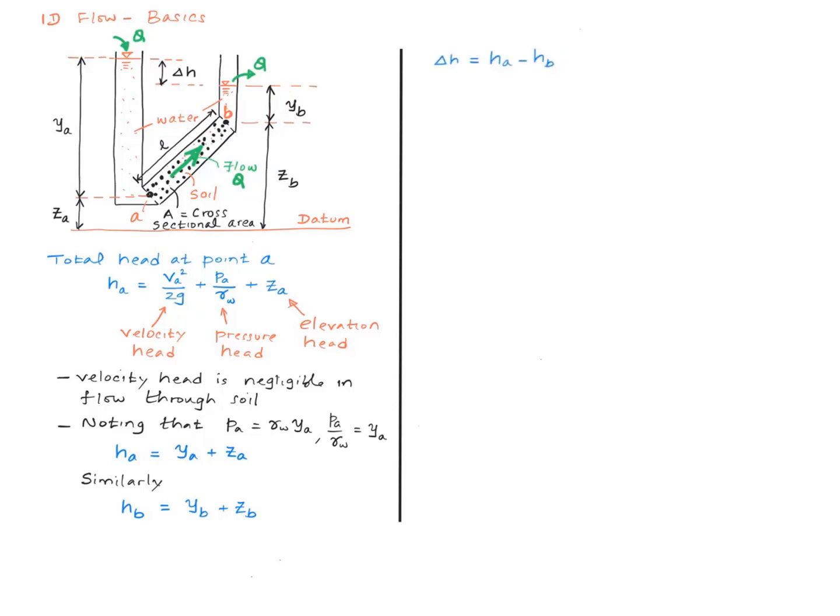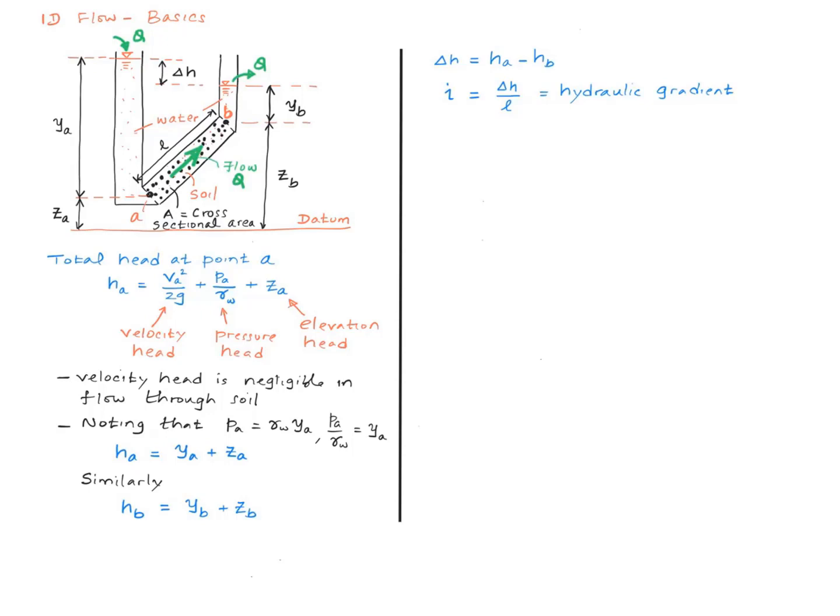So here's an equation giving the difference in heads. Now we define what is called a hydraulic gradient like this, where delta H, as you already noticed, is the head difference between points A and B, and L is the distance between these 2 points. Little i is the notation that I will use here.